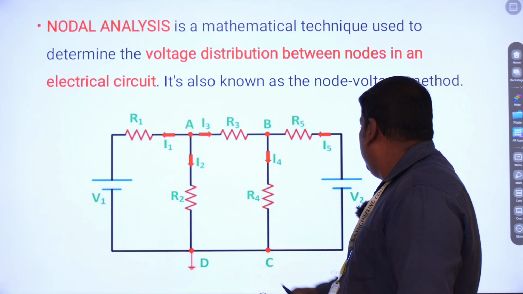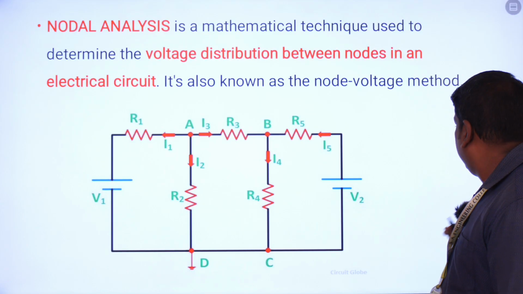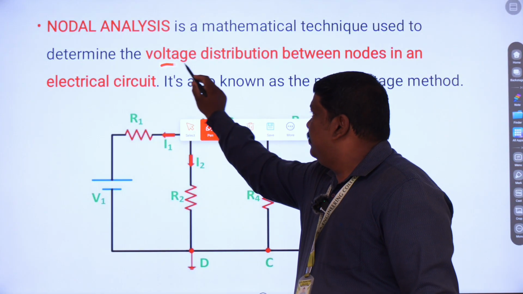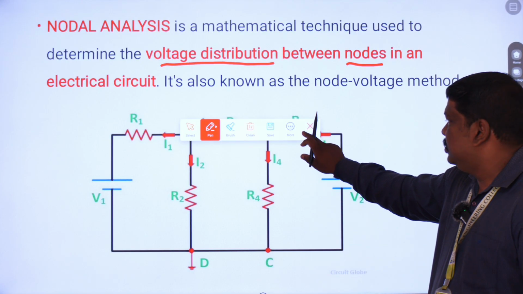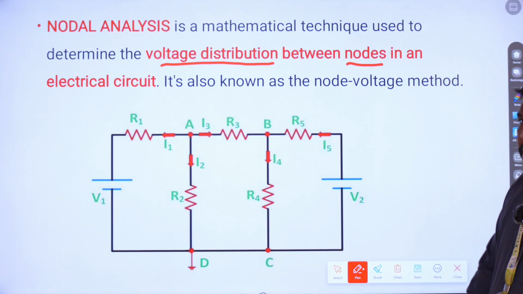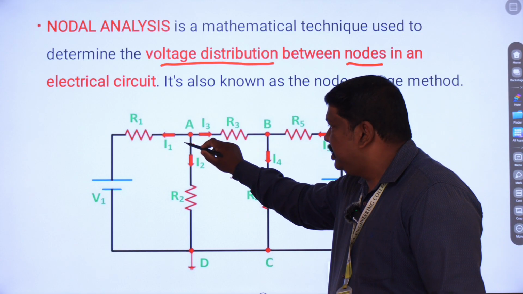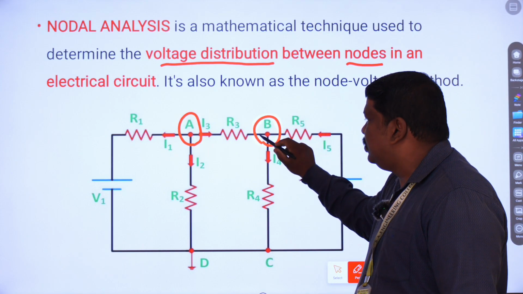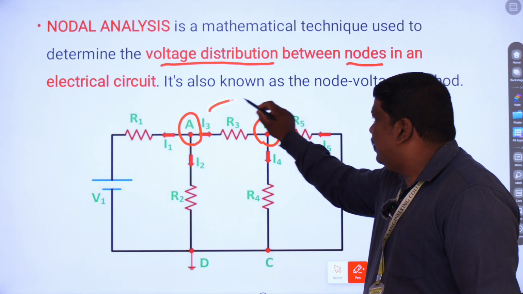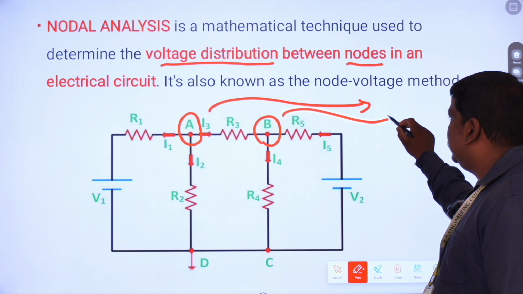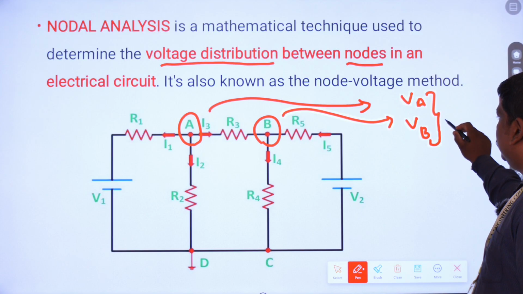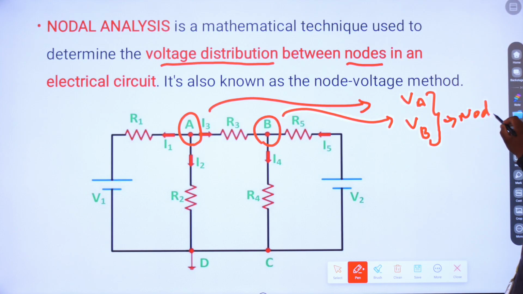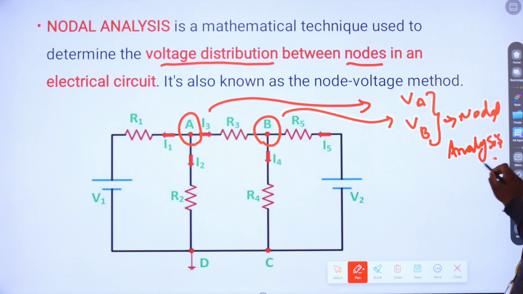The main thing is the voltage distributions between the two nodes, which we calculate using the nodal method. Here a simple circuit is given, with node A and node B. Here we find the values of voltage VA and VB by using the nodal analysis method.